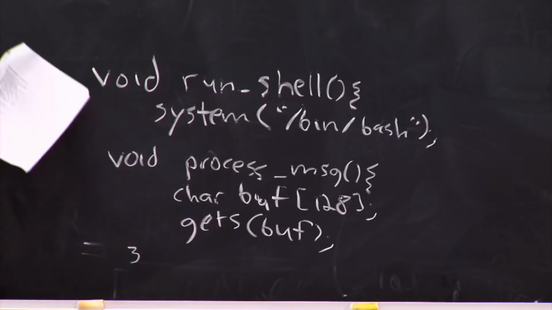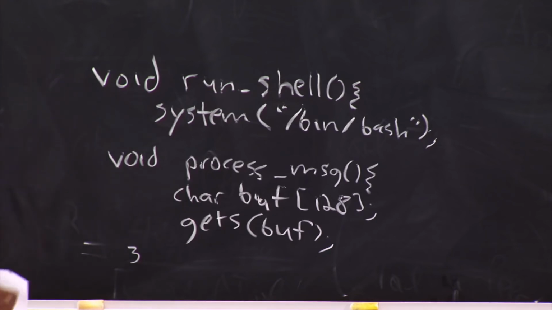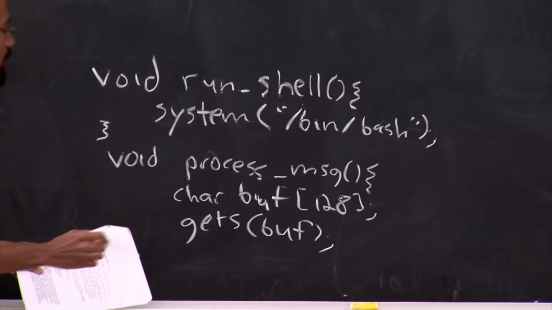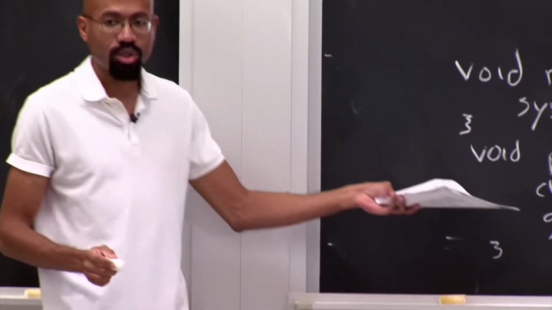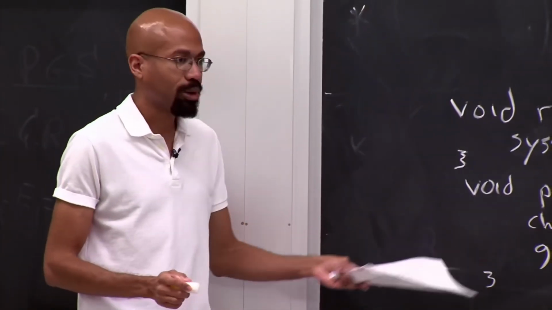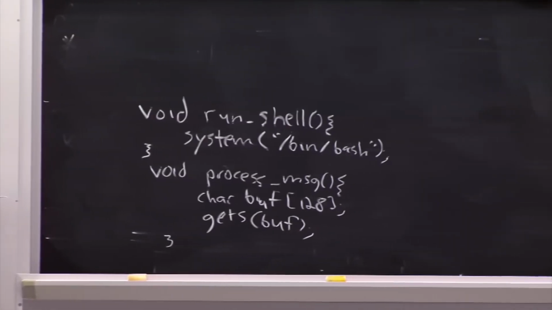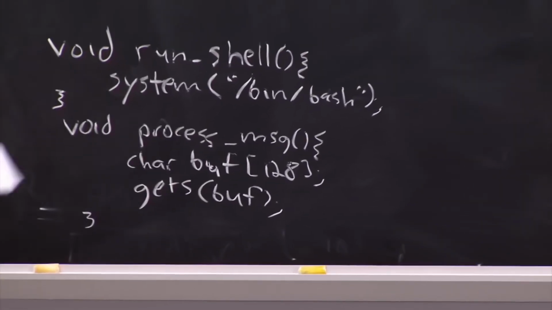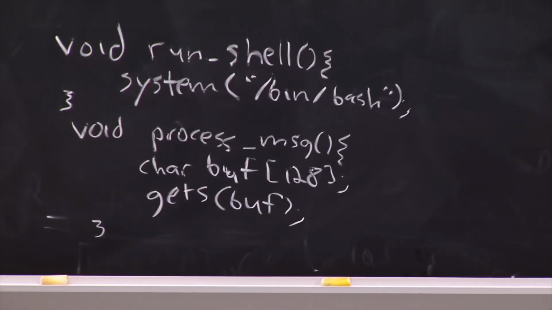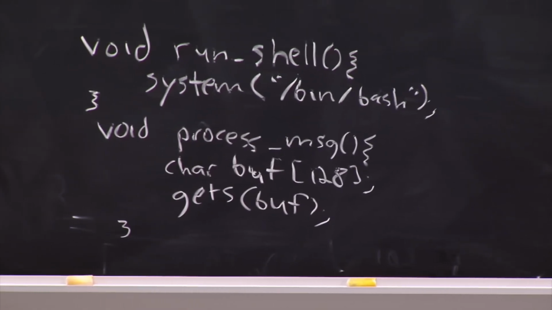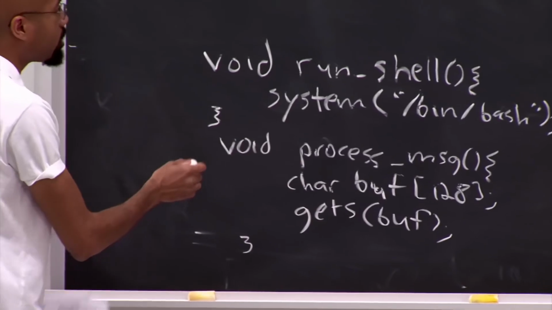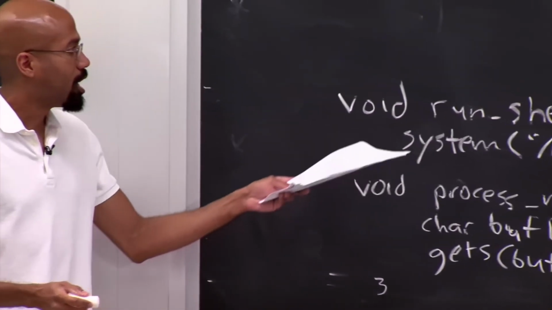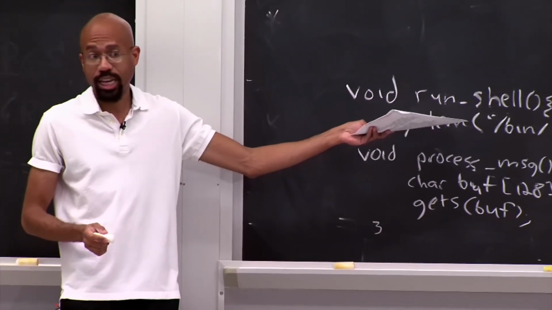Now what's interesting is that we have this function up here, run_shell, but it doesn't seem to be accessed in any direct way based on this buffer overflow. So how can the attacker invoke this run_shell command? Well, the attacker can do a couple of things. First, the attacker can disassemble the program, run GDB, and find out the address of this function in the executable.